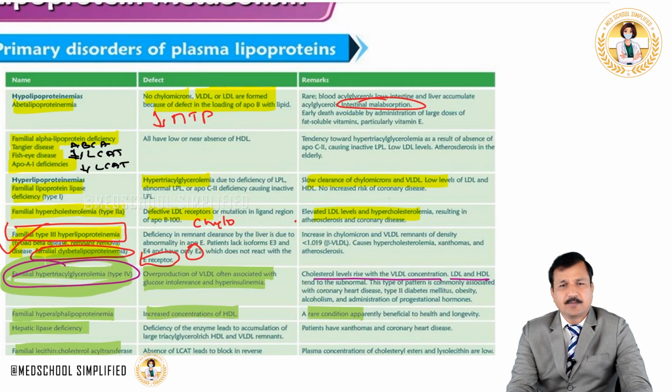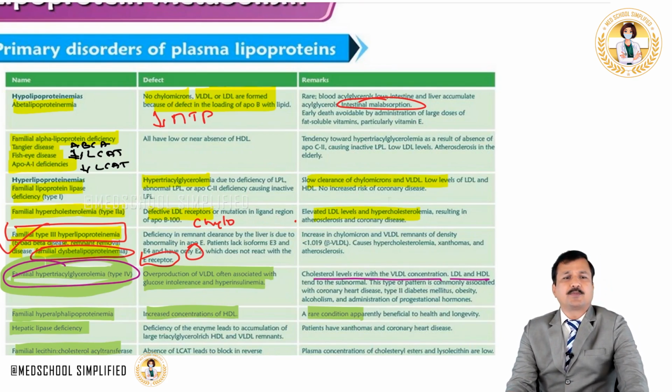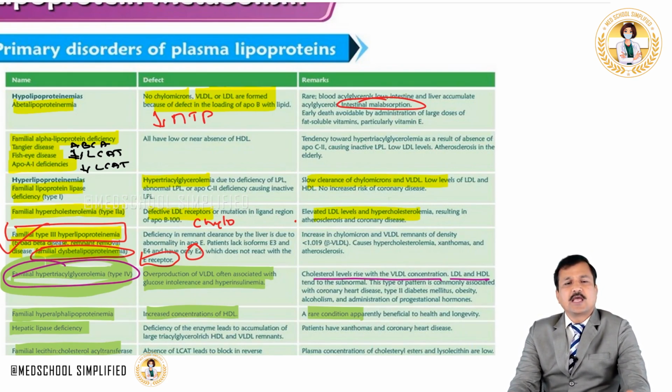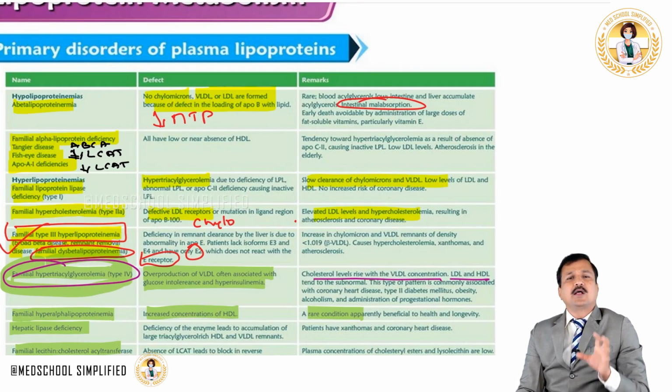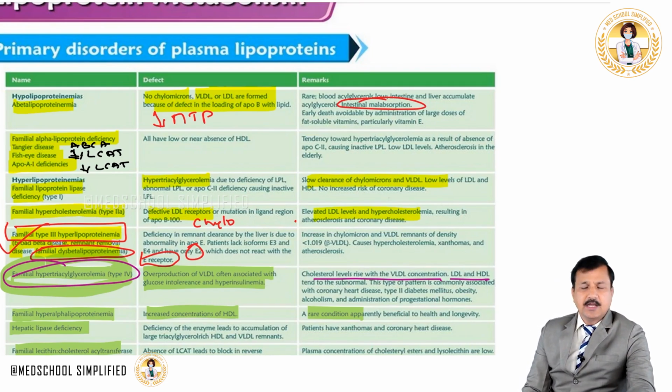Okay, so these are all the primary disorders associated with plasma lipoproteins, which are grouped under hypolipoproteinemias and hyperlipoproteinemias. In hypolipoproteinemias, we have abetalipoproteinemia, Tangier disease, fish eye disease, Apo A-I deficiency. In hyperlipoproteinemias, we have type 1, which is familial lipoprotein lipase deficiency. Type 2A is familial hypercholesterolemia.